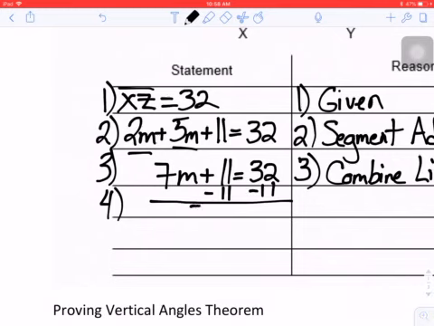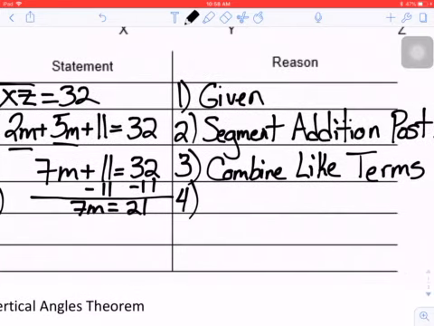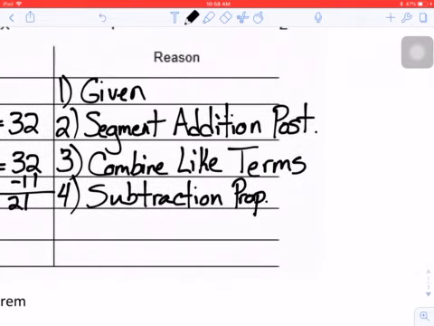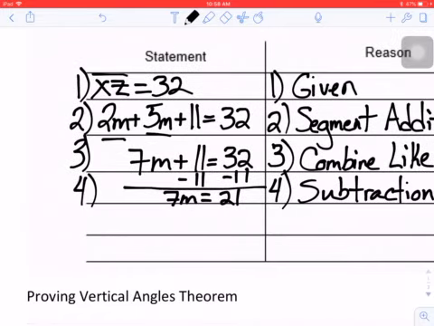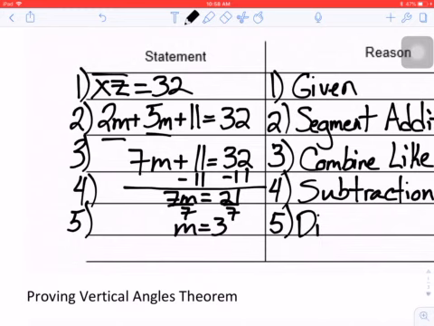Whatever you do to one side, you do to the other. 7m is going to be 21. And that was the subtraction property. And again, don't forget to include of equality since we're using equal signs here. There we go. And last step, divide both sides by 7 to say m equals 3. Because we divided, we're using the division property of equality.